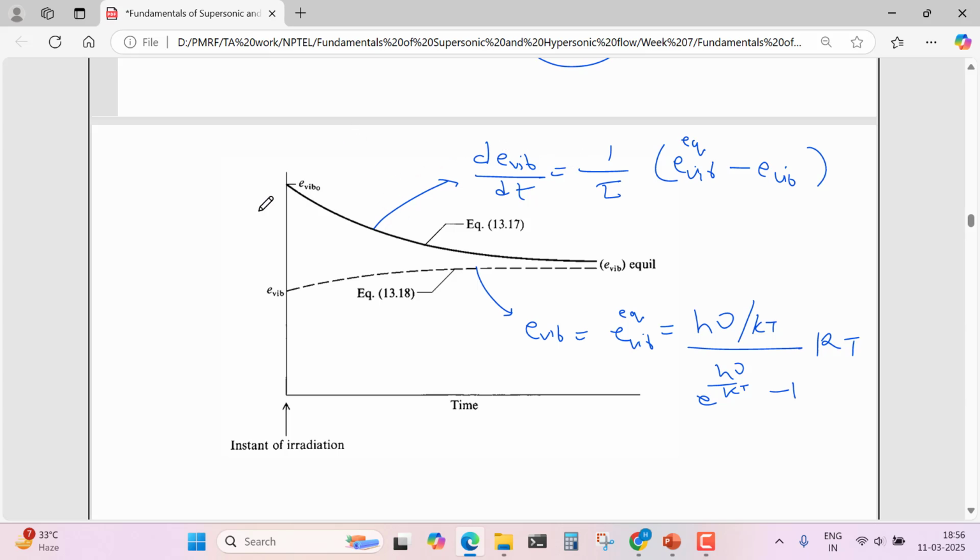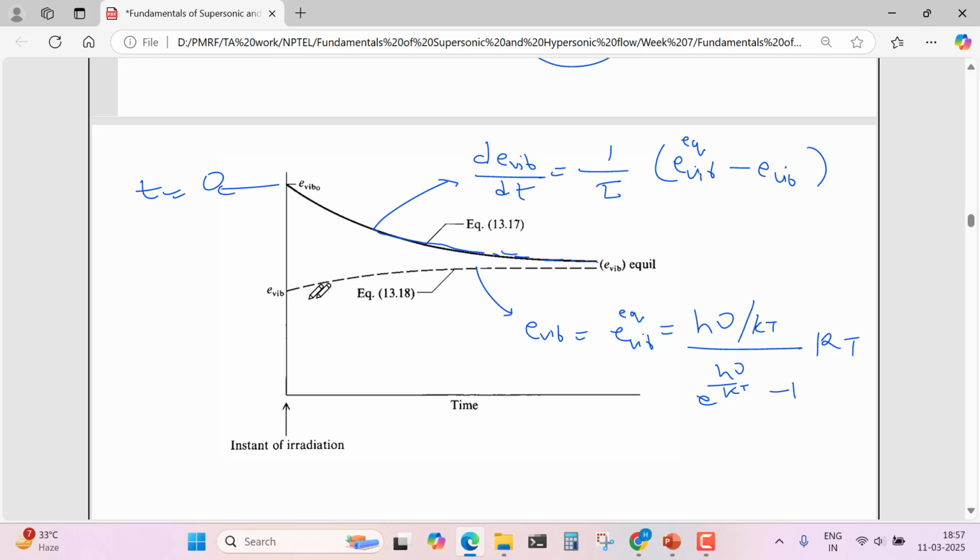So I told you its energy will decrease. This E vibrational 0 is for time t equal to 0. As time passes, this vibrational energy will transfer to the rotational and translational modes, and this energy will decrease and move to the equilibrium position.